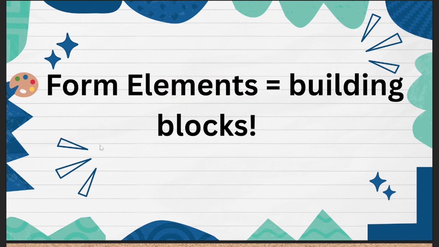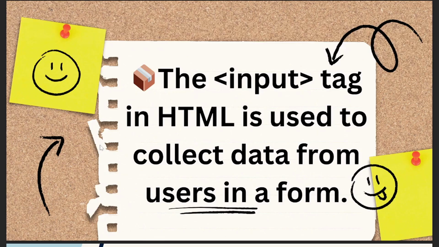Now we'll be exploring the form elements, all the elements you see inside the form, just like how you create a table and you have the table row TR, you have the TD, you also have the TH. Now we're seeing the elements for the form. And the first one is the input tag.